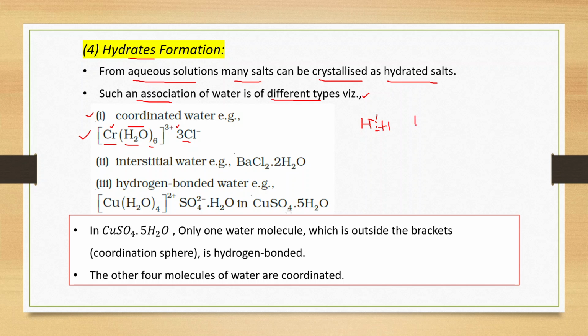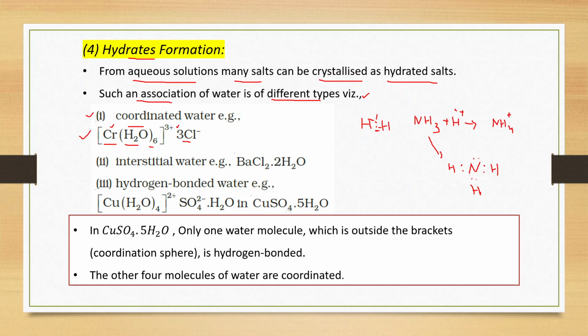But if we consider NH3, and when this reacts with a proton, it will convert into NH4 plus. Actually, there is a covalent bond between these 3 hydrogen atoms and nitrogen. This is ammonia, NH3.